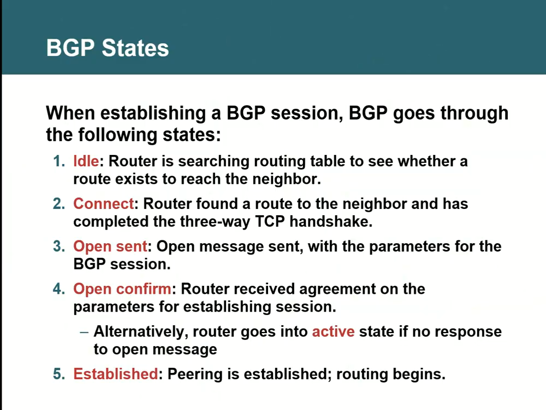In case some parameters are mismatching, it is because of some misconfiguration. It cannot go to established state. It will go back to the beginning, called active, so that it can start again from idle.